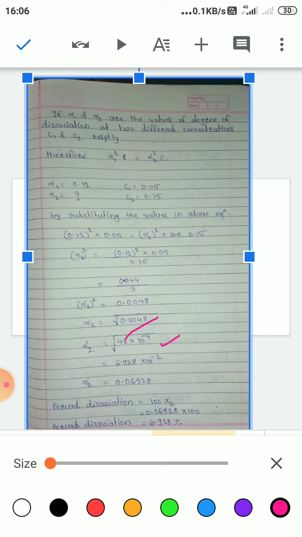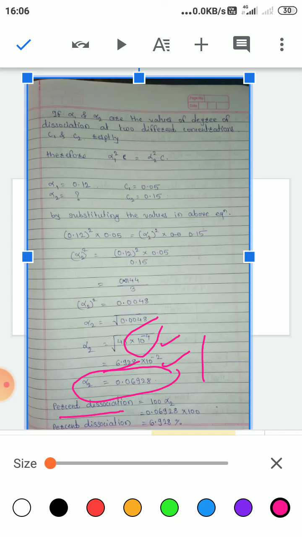Now the square root of 10 to power minus 4 is 10 to power minus 2, and the square root of 48 is 6.928. Therefore alpha 2 is equal to 0.06928.